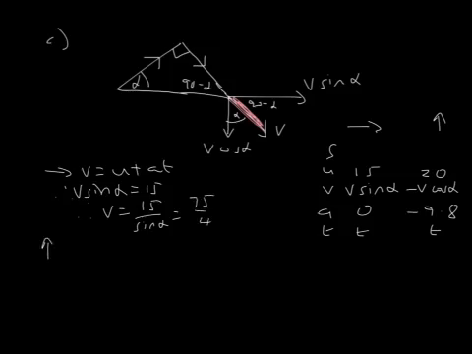Let's now use that information in the vertical component. v equals u plus at, so minus v cos alpha equals 20 minus 9.8t.